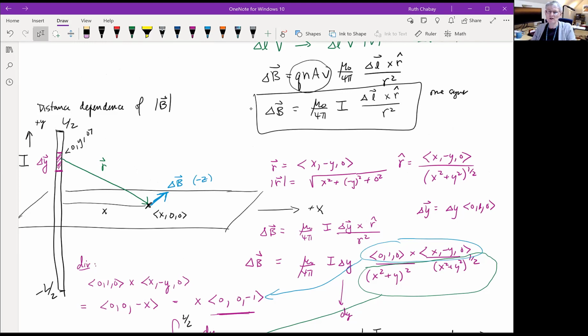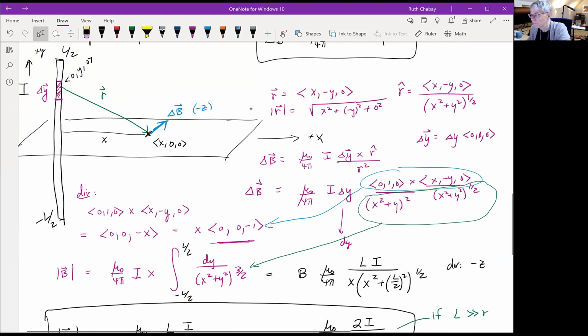So we have to use the right-hand rule to get the direction, and we do that by just taking some segment of the wire, and in this case we luck out because all segments contribute B in the same direction. So we use a segment of the wire and we get the direction.